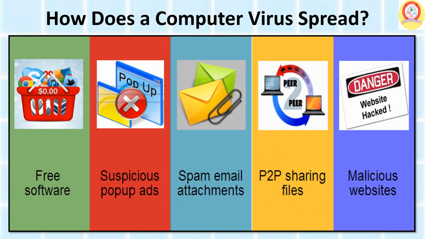How does a computer virus spread? Children, computer viruses spread from one computer to another by the transfer of infected data through emails, pen drives, or other sources. Viruses become active when you start an infected application or start your computer from a disk that has infected system files.